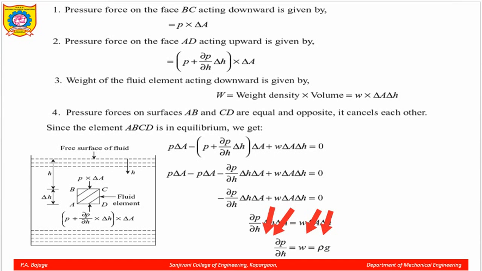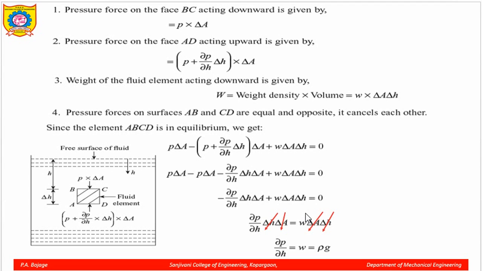So, what remains here? Again I will repeat, delta H cancelled, delta A cancelled. What remains is delta P upon delta H is equal to W, that is the weight density.